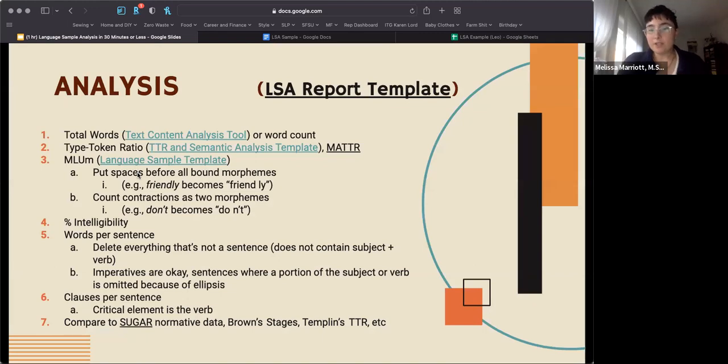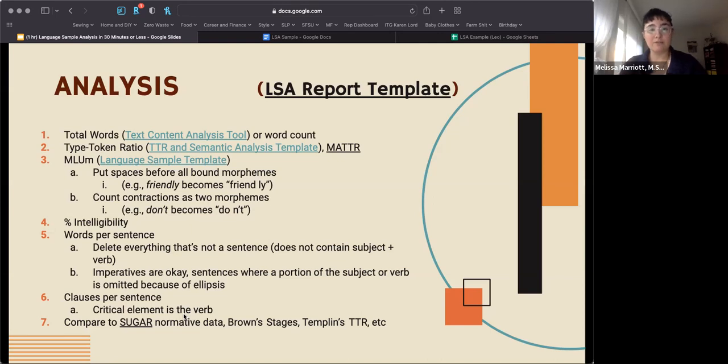So you have all these calculations, but then what do you compare it to? Many of these are available in SUGAR. This is linked to their website. They're kind of where this method of language sample analysis is adapted from. They have a lot of normative data, including data on mean length of utterance, with a larger age range than the original research on Brown stages.